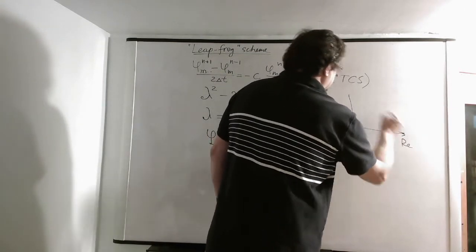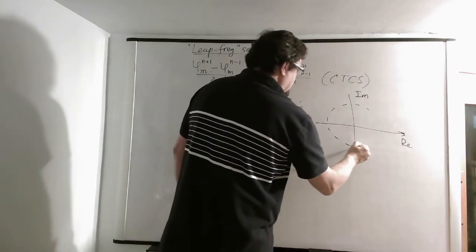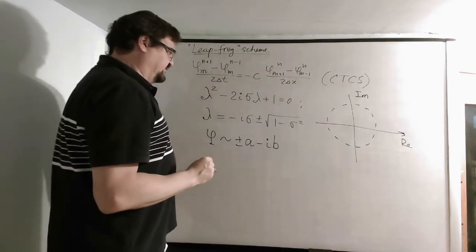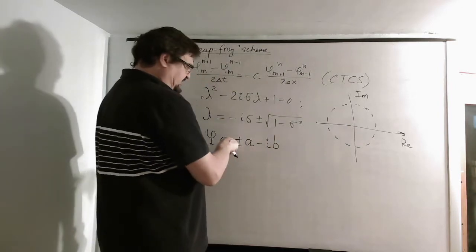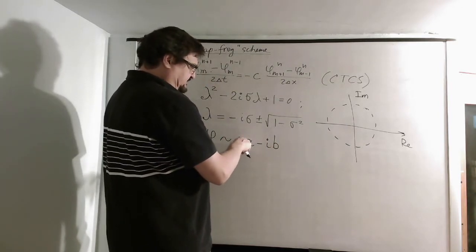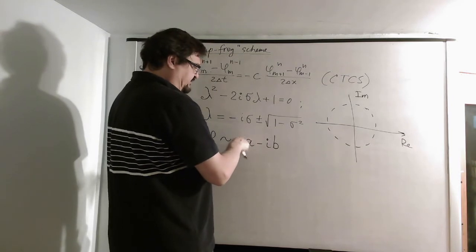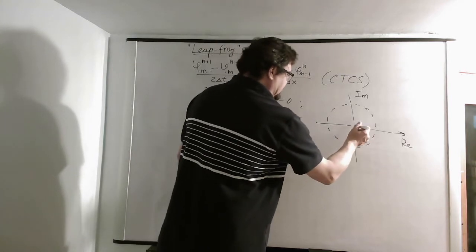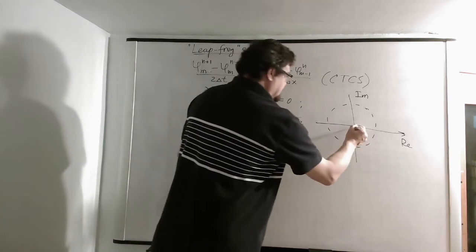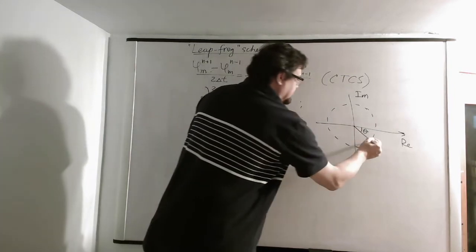So this is real, this is imaginary. First you have the solution with plus. It means that A is positive and B, well, a real number. First we consider positive real, and then you have negative, so it's going to be something like that. This is some angle theta. So this is one solution.